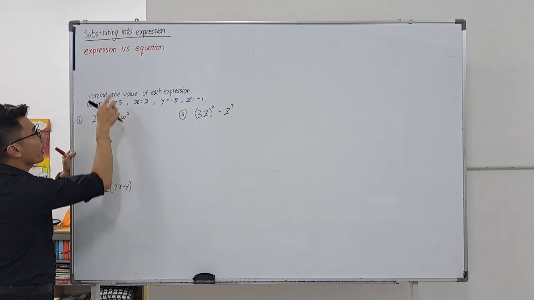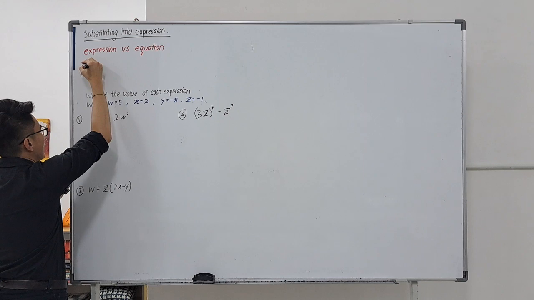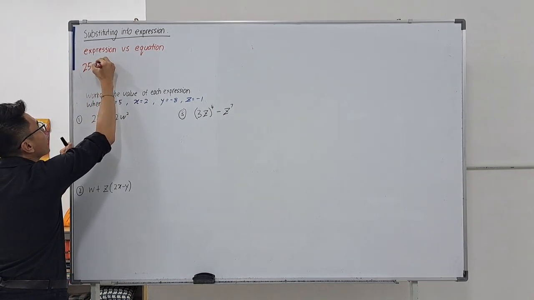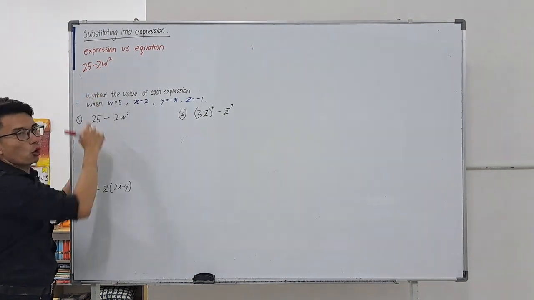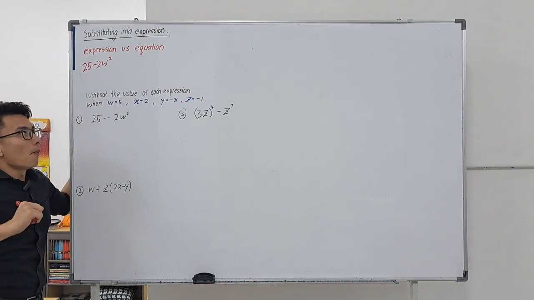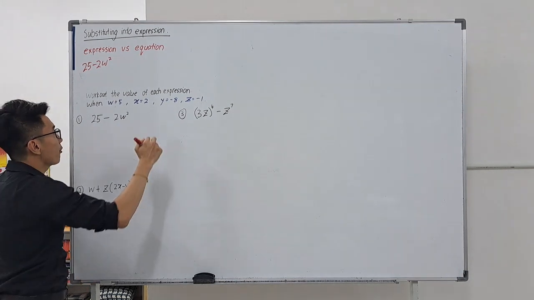So if I were to write in this form over here, that's going to be 25 minus 2w squared. This over here is an expression, all right? But how can I change this into an equation? Very simple.